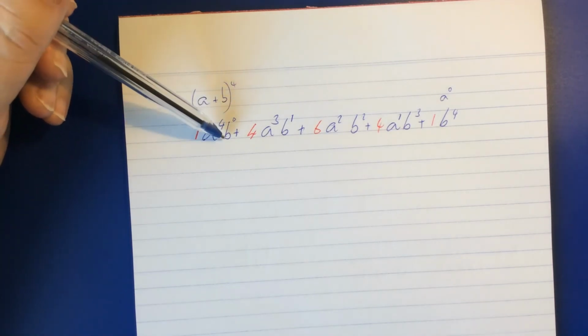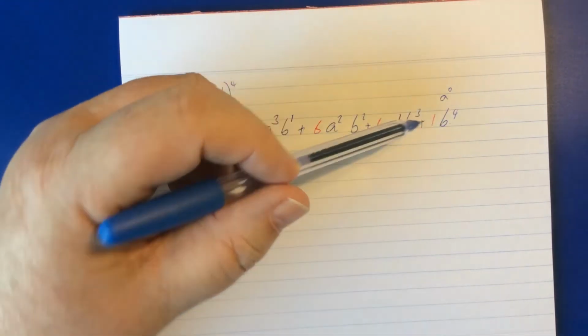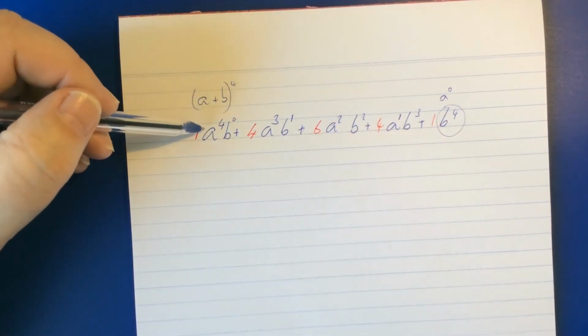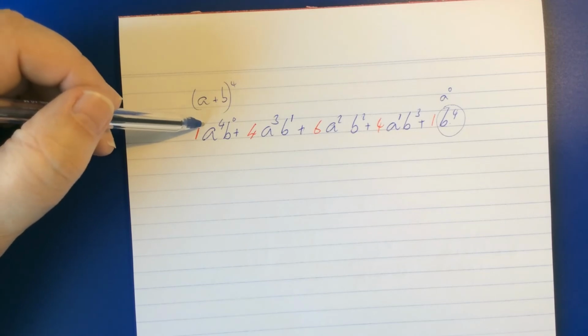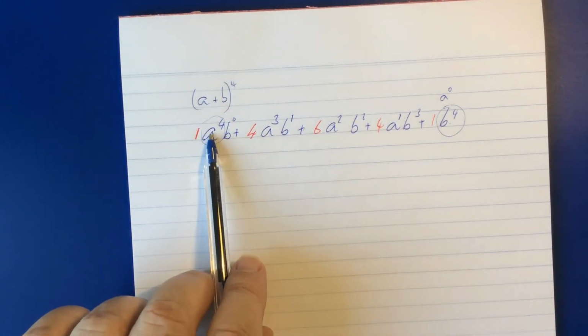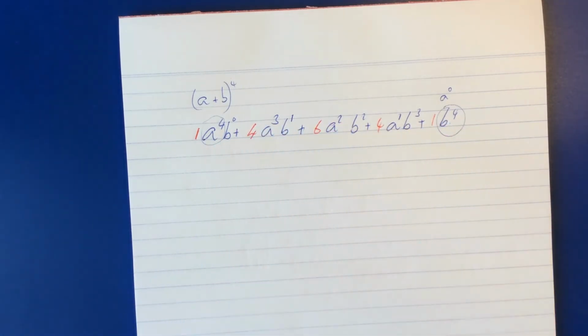We took this power and started with 0, raised it 1, raised it 1, raised it 1, and eventually it wound up as b to the 4. So what you would notice is, of course, that this started off as a to the 4. So as this decreases, this increases in terms of its powers.